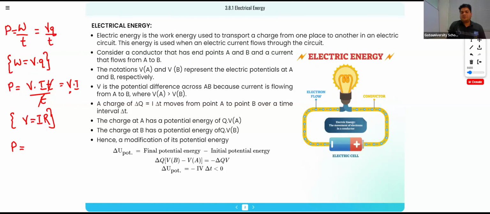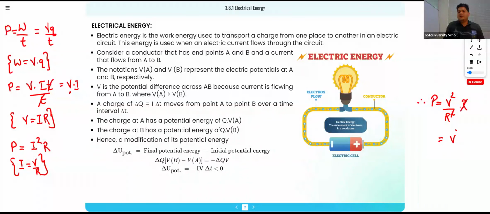So your power will be equal to I square R. I will become I square into R. And what else? In place of current, I can write V over R. So your power will be equal to V square over R square into R. So R square will get cancelled and you will get V square over R.